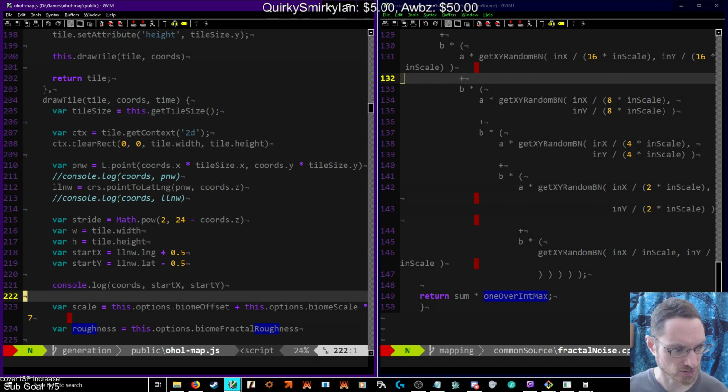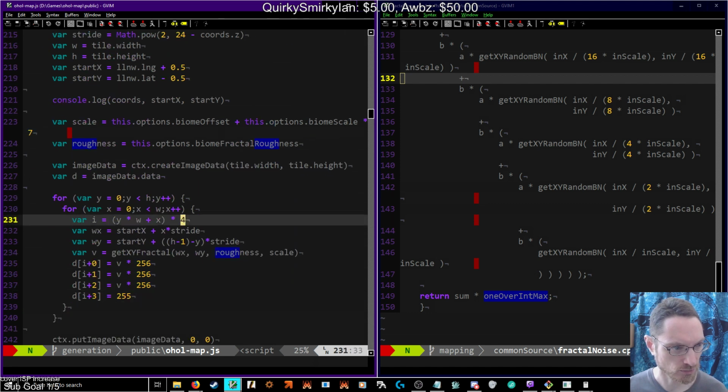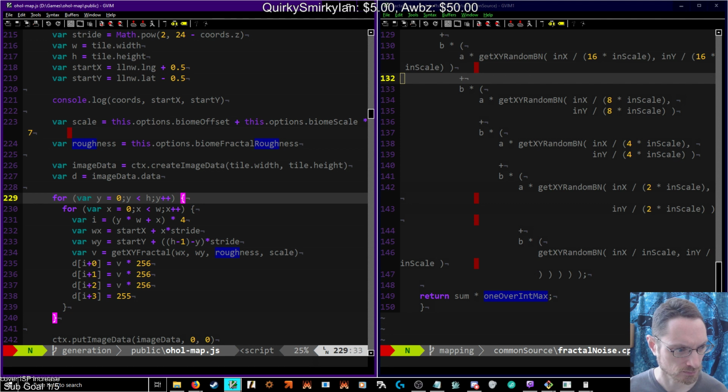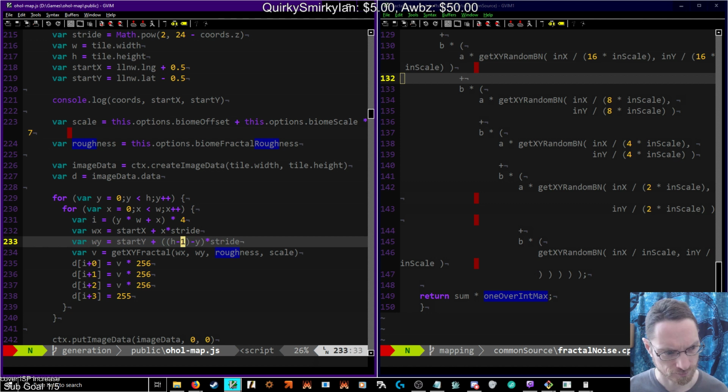So our start x, start y is going to be -1. And then we're going to take -1. Well, if individual tiles were flipped, I don't feel like we'd get visual consistency. So as we go up, we're changing our stride.